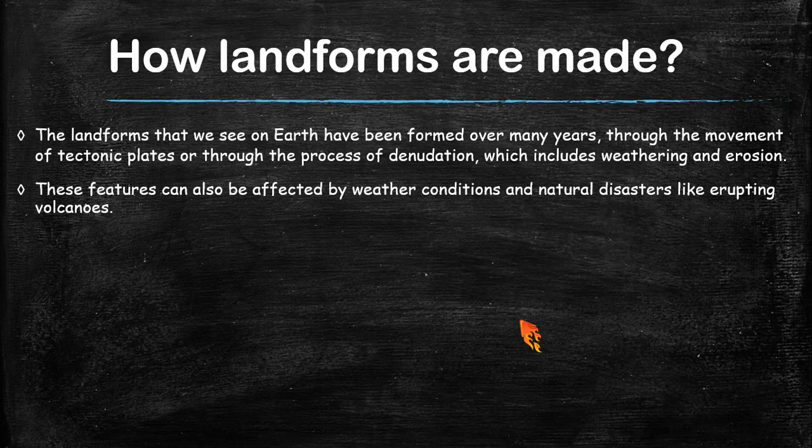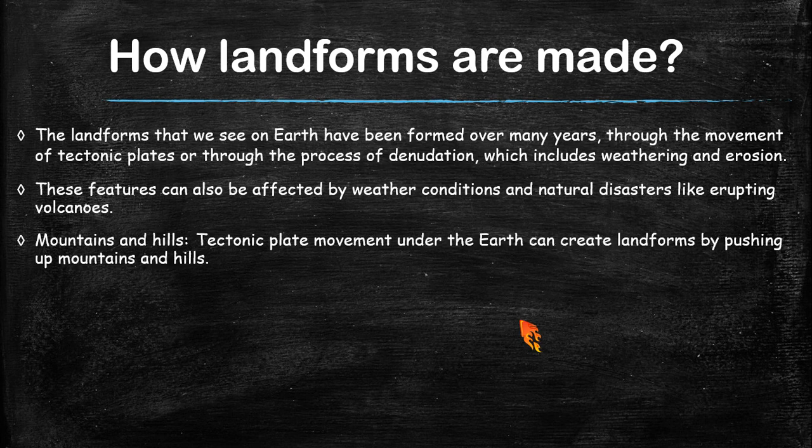How landforms are made? Landforms that we see on Earth have been formed over years through movement of the tectonic plates and through the process of denudation, which includes weathering and erosion. These features can also be affected by weather conditions and natural disasters like erupting volcanoes.